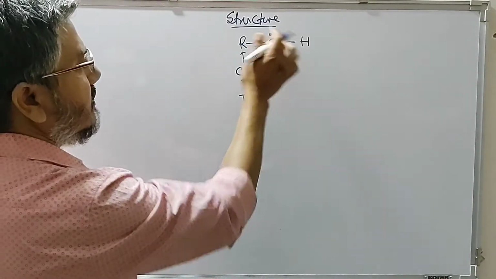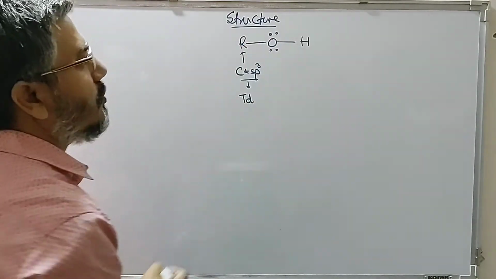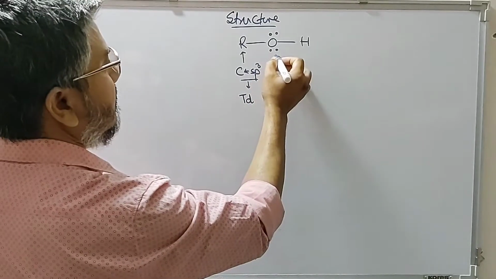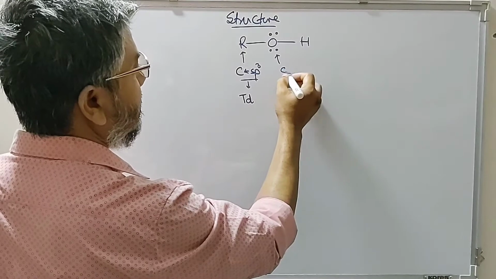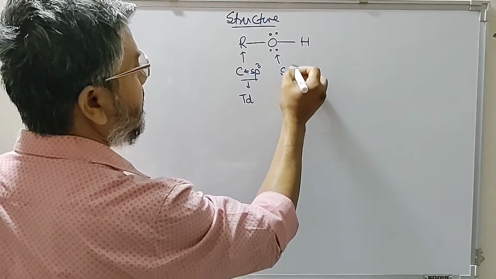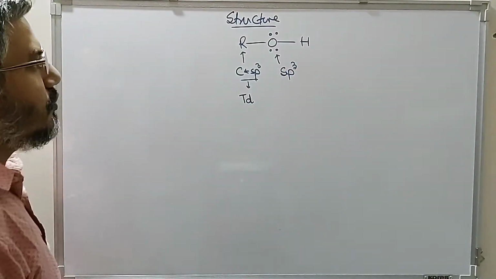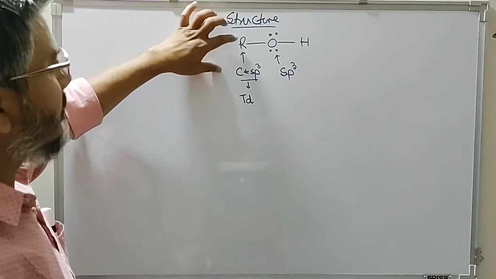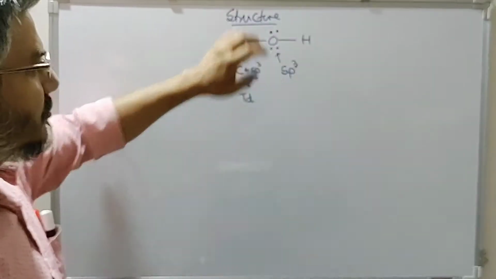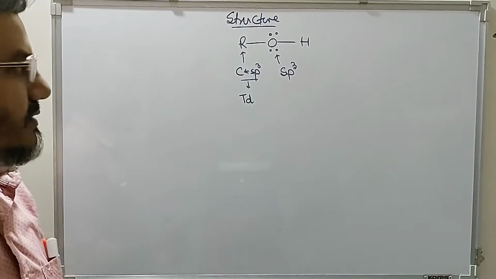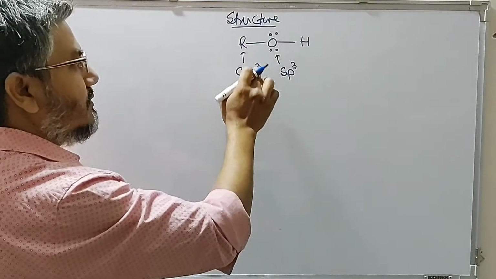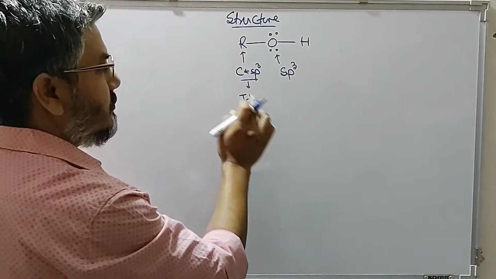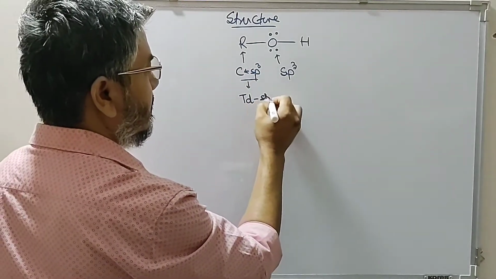And similarly, look at this, the central atom oxygen is again sp3 hybridized. So both the carbon of alkyl group and the oxygen is sp3 hybridized. Now the carbon of alkyl being sp3 hybridized, this is tetrahedral structure.